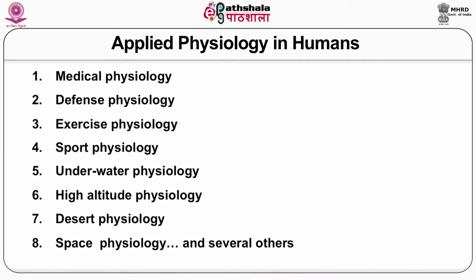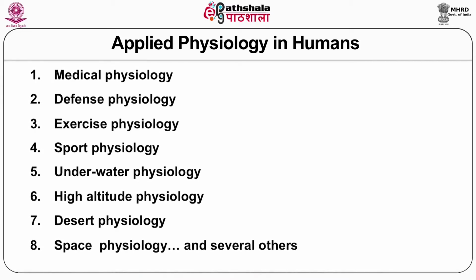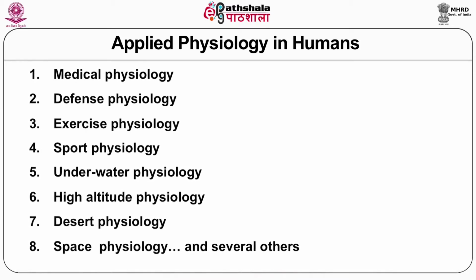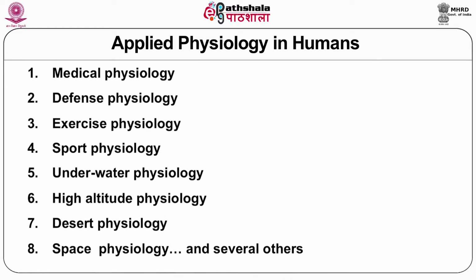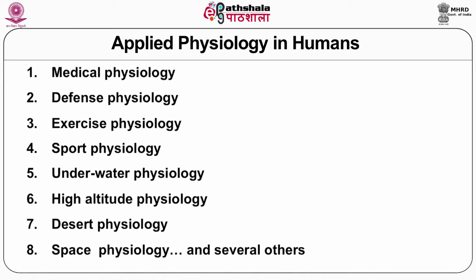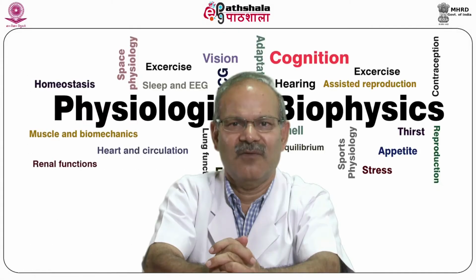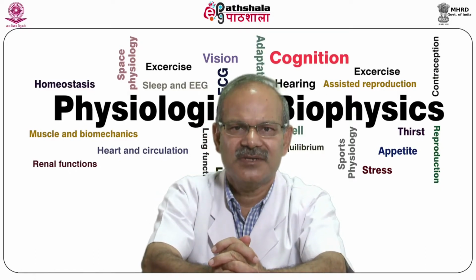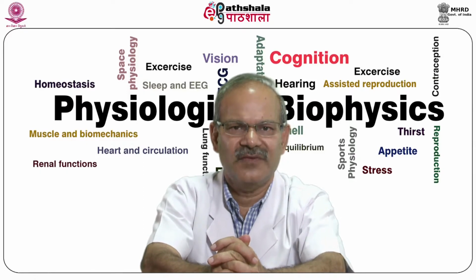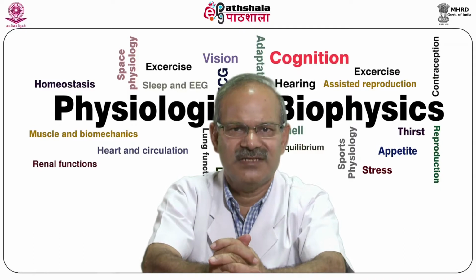For example, in space physiology, you apply the physiological understanding in order to know what happens to the astronaut when he goes to space, and also you try to use this knowledge of physiology in order to understand what problems they might face, or in order to help develop countermeasures for the problems they are going to face in space. At another place we are going to talk about it in detail.